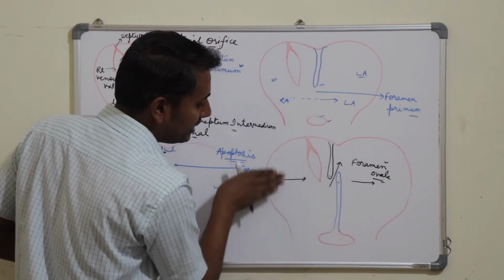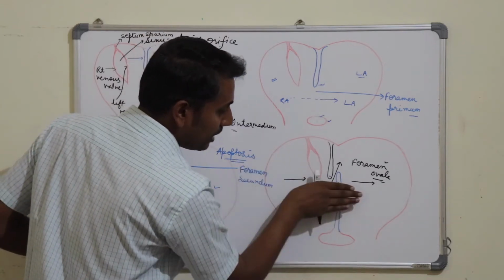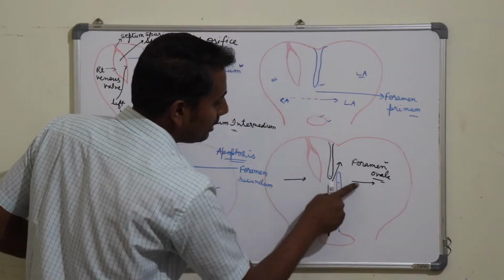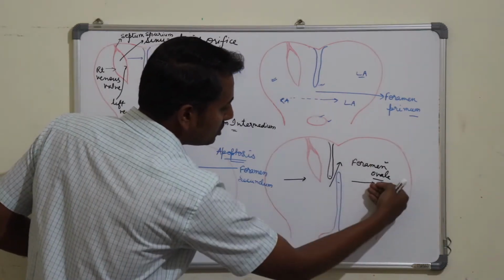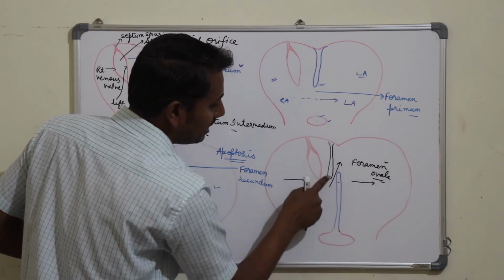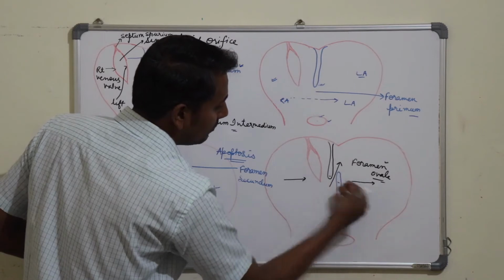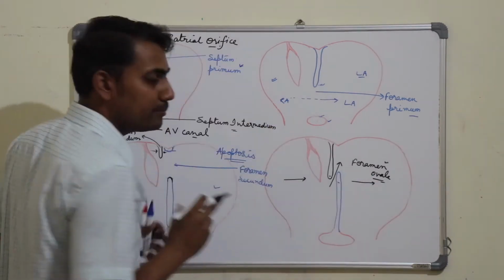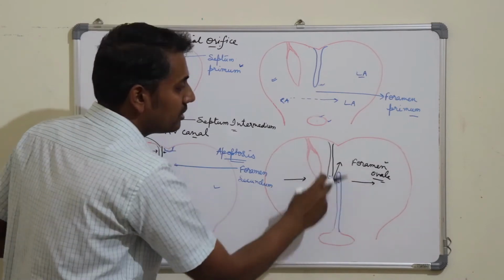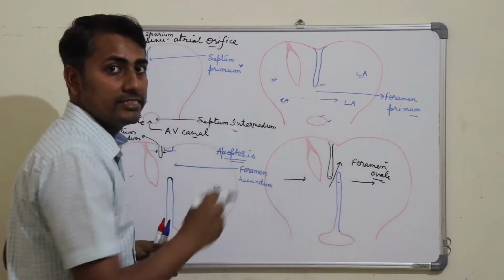Therefore, the blood in the right atrium can push the septum primum toward this side so that this gap can be opened. But when the blood in the left atrium will push the septum primum, it has to push against this septum secundum. Therefore, this opening will get closed. But due to the flow of blood into the left atrium from the pulmonary veins, the pressure in the left atrium will increase.